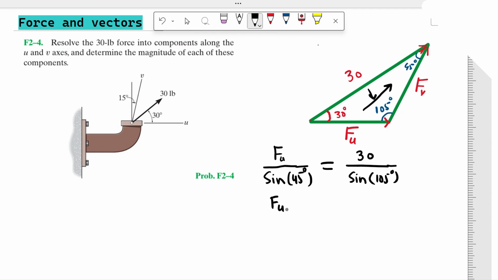So Fu will be equal to 30 divided by sine 105 degrees, multiplied by, shifting this 45 to the other side, sine 45. So using this value in the calculator, we will get the value of Fu. So I got the value of Fu is 22 pounds.